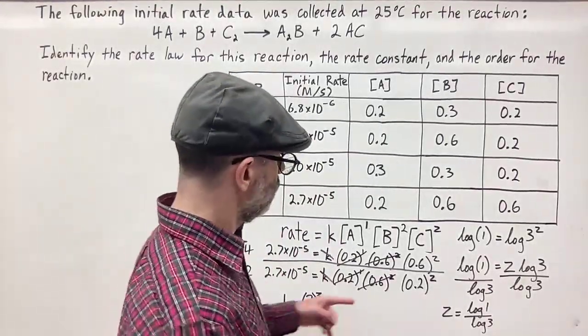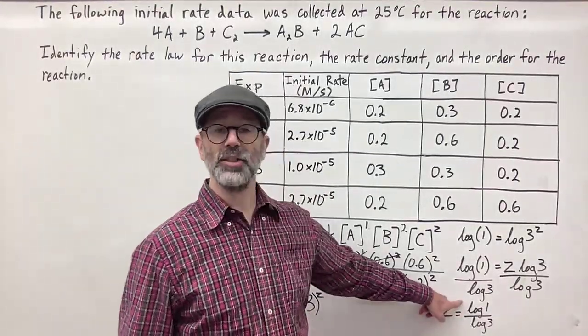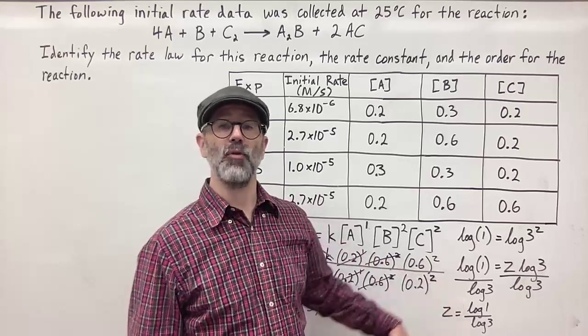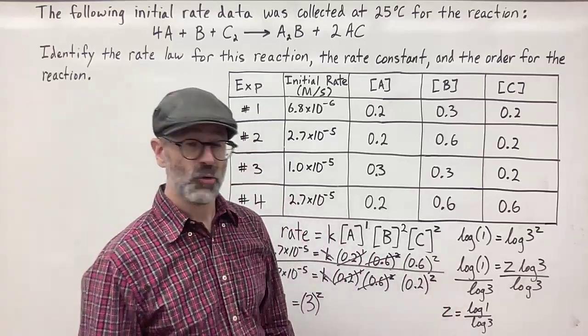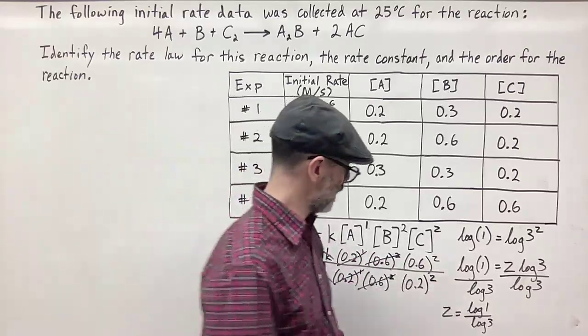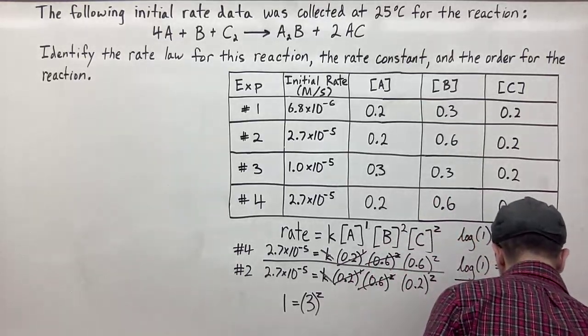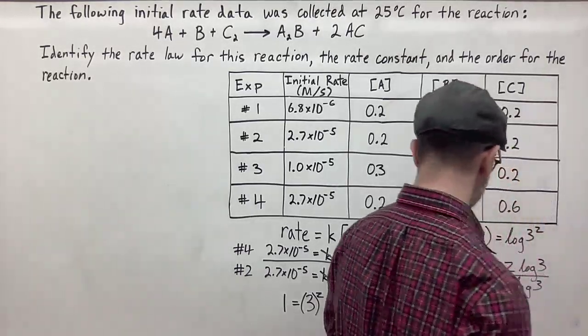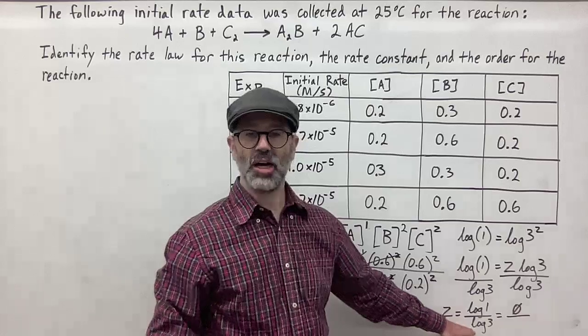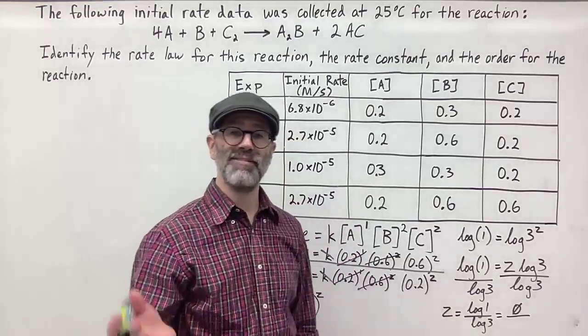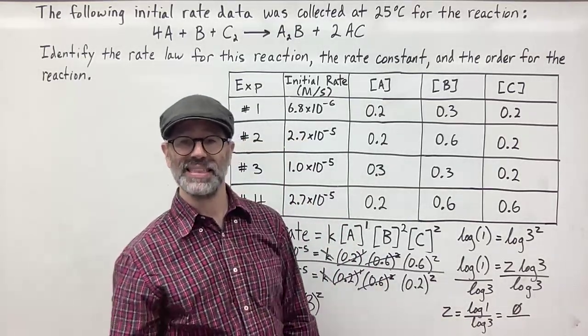Okay, now, if you know your logs, then you know that the log of 1 is 0, right? So if the log of 1 is 0, then that means we're taking 0 and dividing it by something else, log of 3, but 0 divided by something is 0.